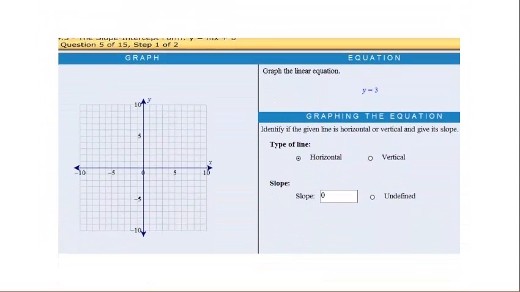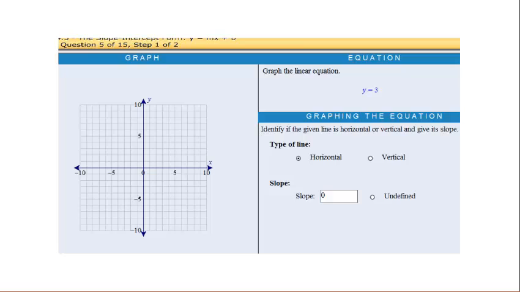Okay, this example is similar to the one we saw where there was only an x component and no y component, except this time there's no x component and only a y component. y equals 3 simply means that for all values of x, y must equal 3.